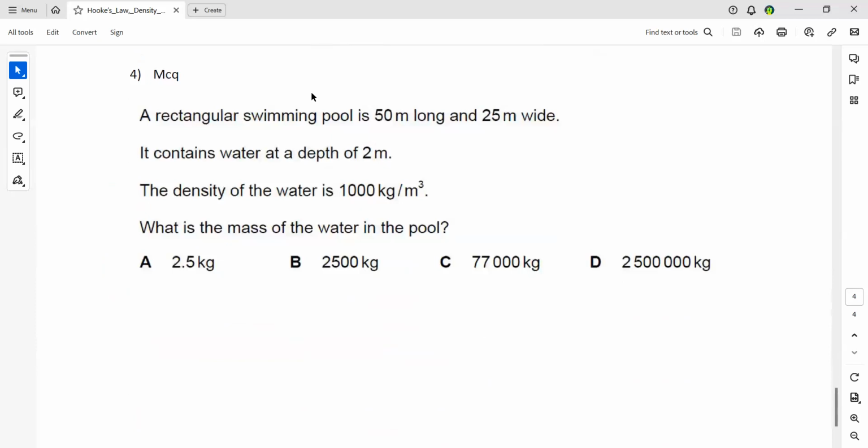In question 4, a rectangular swimming pool has a length of 50 meter and is 25 meter wide, and it has a depth of 2 meters. So we need the mass. How to work out the mass?